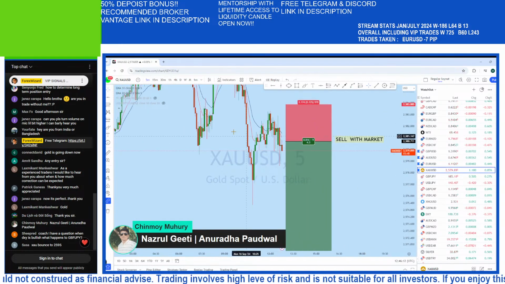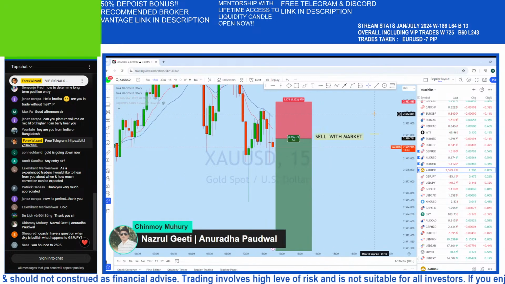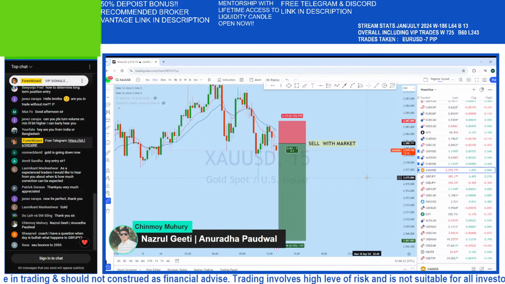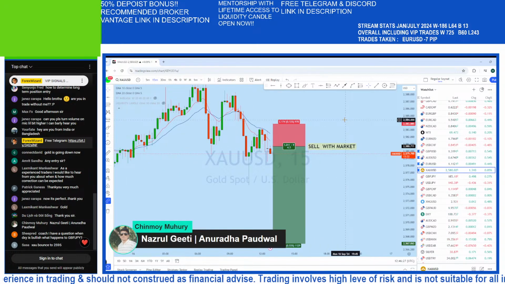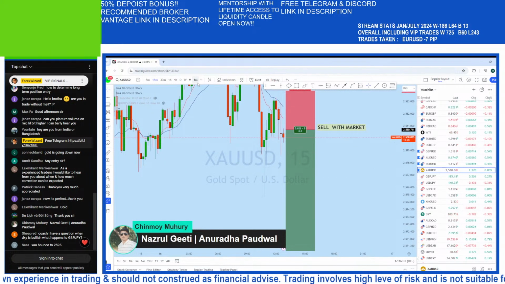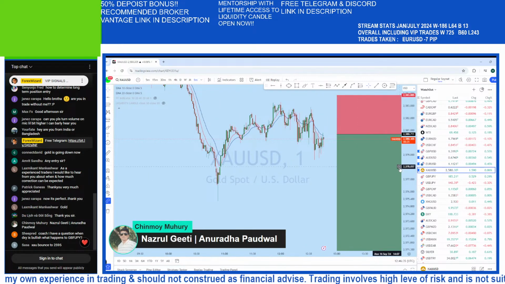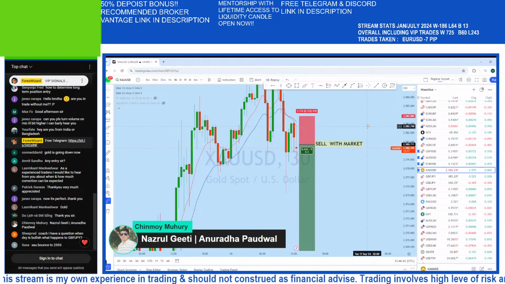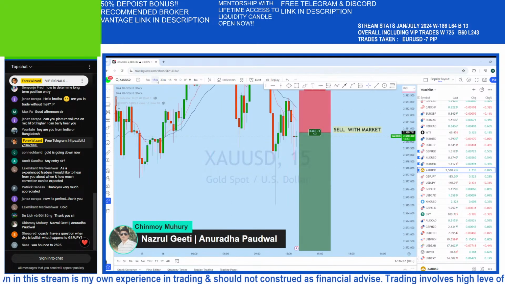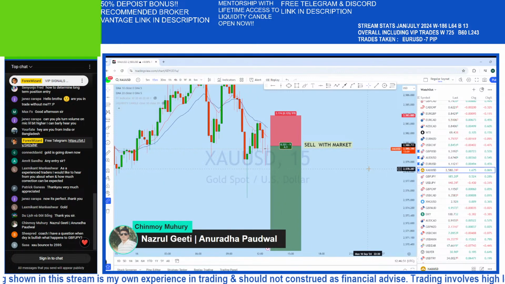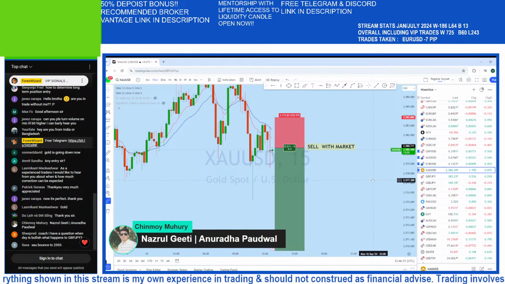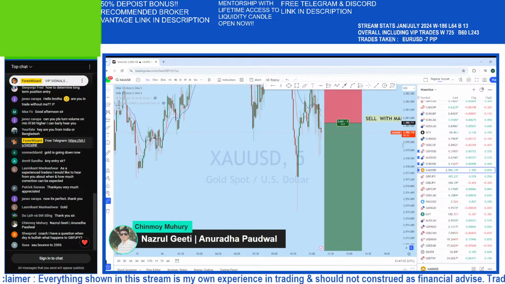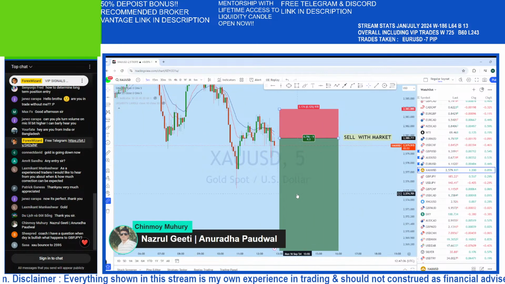We're waiting here, this is the 15 minutes. Doji formation, and okay, expecting it to break below.